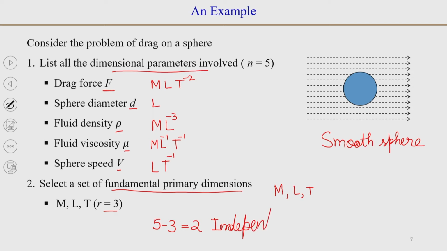So, we will be able to construct two independent dimensionless groups.